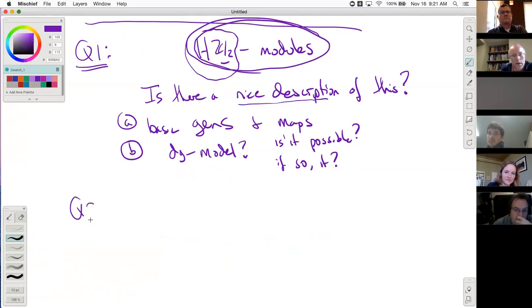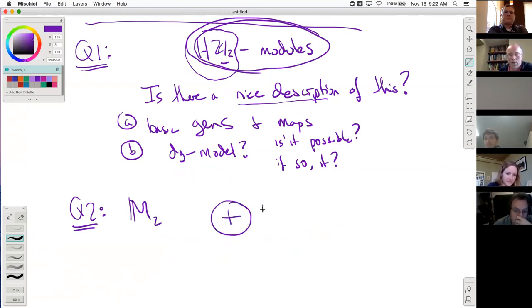The second thing I want to mention, this is maybe a question, I guess, but this weird ring M2. So this comes up in a completely different way in another area of mathematics. If I'm in algebraic geometry, I can look at the cohomology of P1 with twisted coefficients.